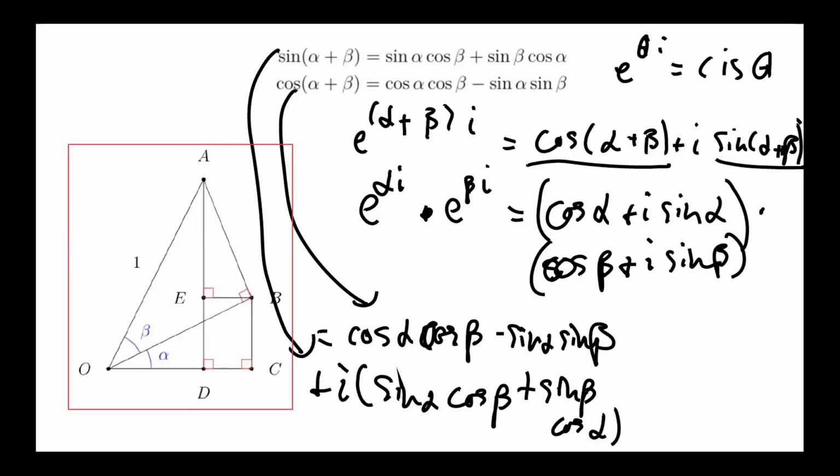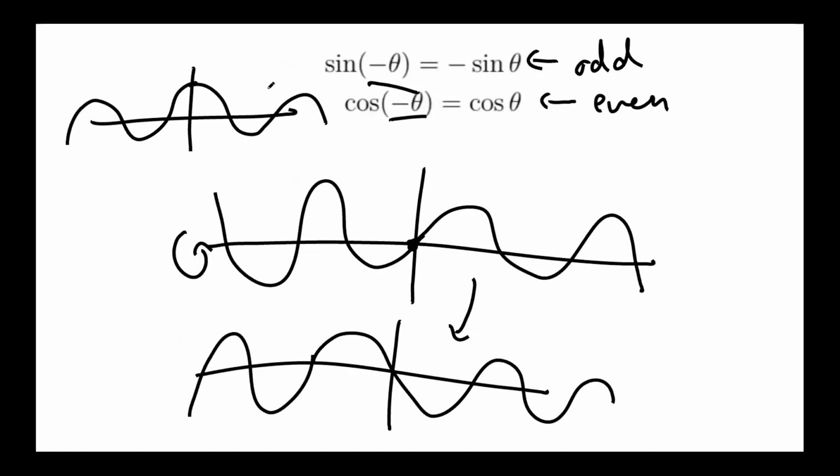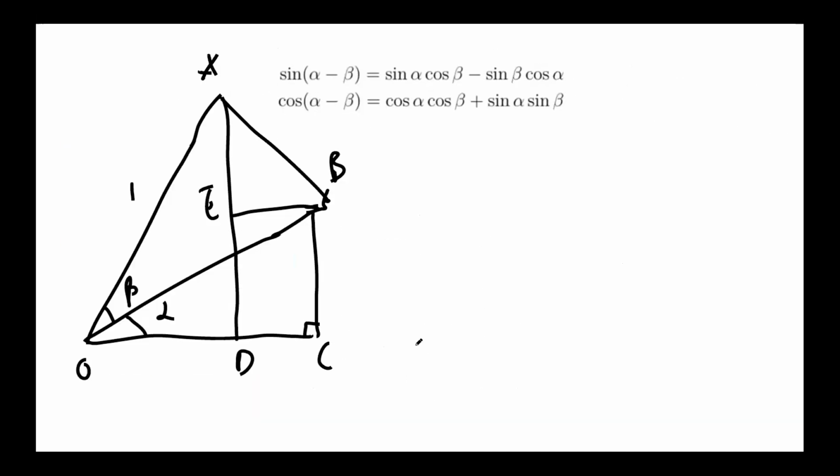Okay, so we'll try to prove these two identities using this figure right here. The first thing to notice is that we have a bunch of right angles everywhere. So let's just go for it.